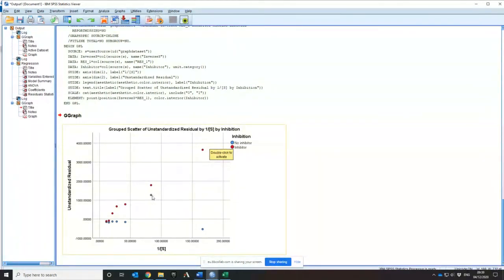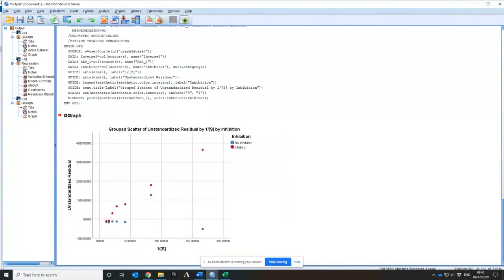And we know it's wrong because it's more than 2 standard deviations above 0. So if you remember, the standard deviation for this was 525. So anything that's bigger than 1050 on the residuals, and this is above 1050, is more than 2 standard deviations away from the mean, and this is an outlier.